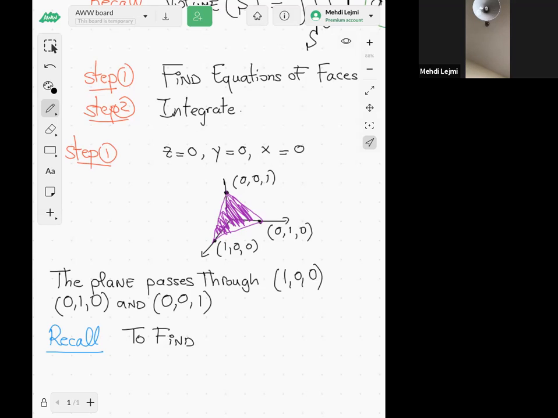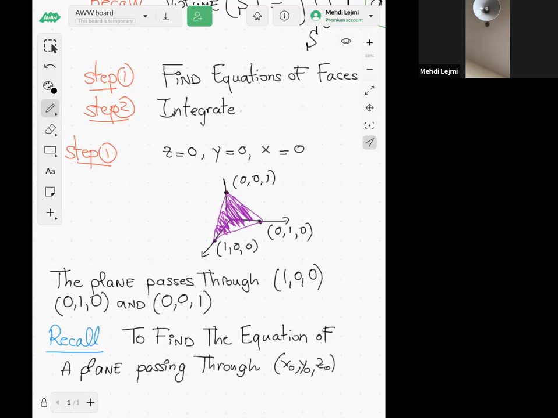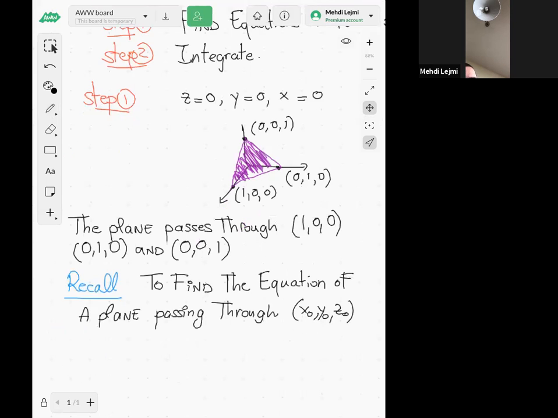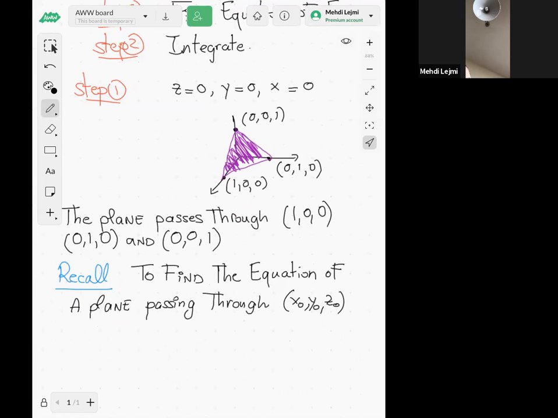So to find the equation of a plane, let's say passing through a point x0, y0, z0, we need to find the normal vector to the plane.